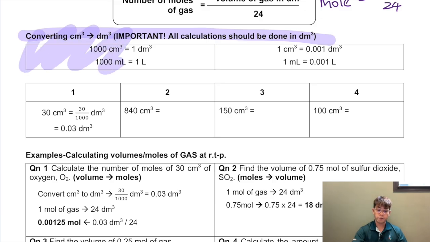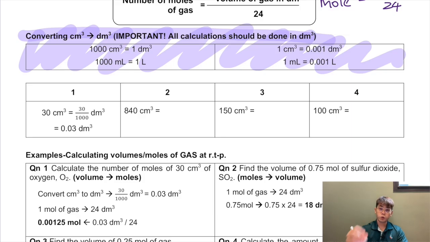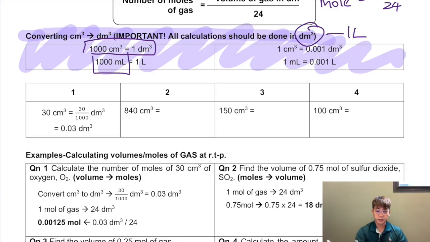To make it more familiar, 1 dm cube is the same as 1 liter. 1 liter of water is 1 dm cube of water. So 1000 cm cube is 1 dm cube, the same as 1000 ml is 1 liter. So 1 cm cube is 0.001 dm cube.